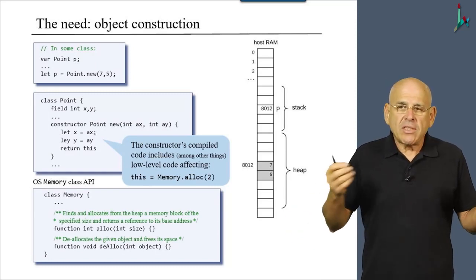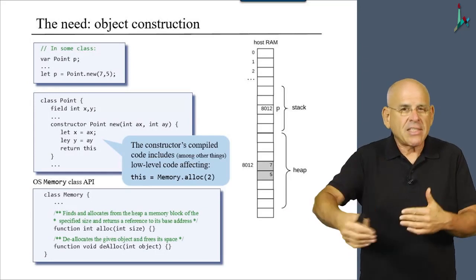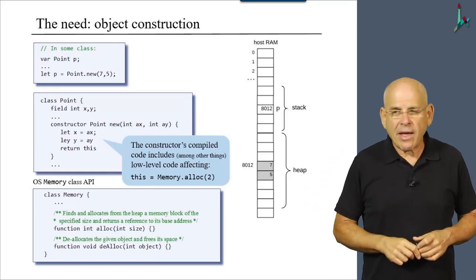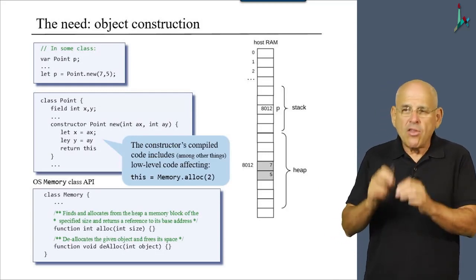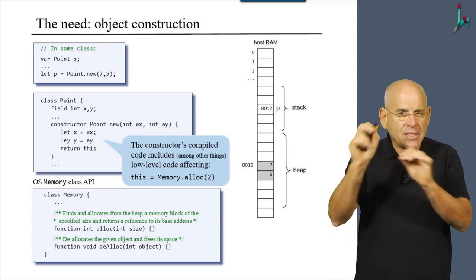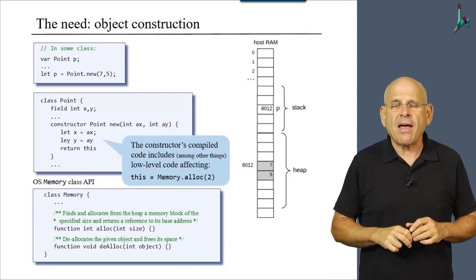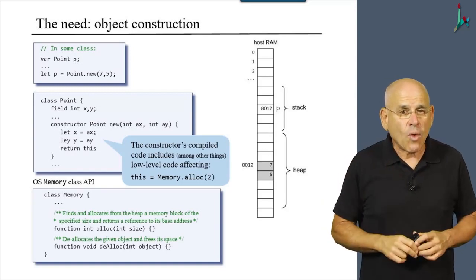In other words, the constructor is going to take care of asking the operating system to allocate space for the new object. And by the way, it knows that we need two words because it can look up the symbol table and realize that objects of type point have two fields, x and y.